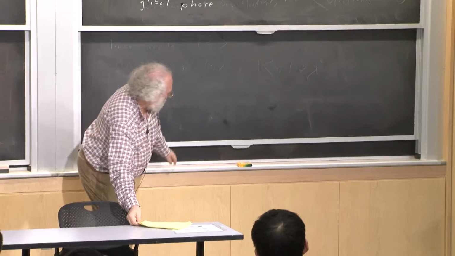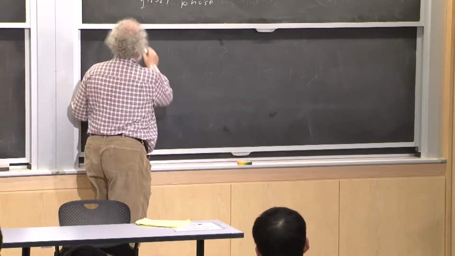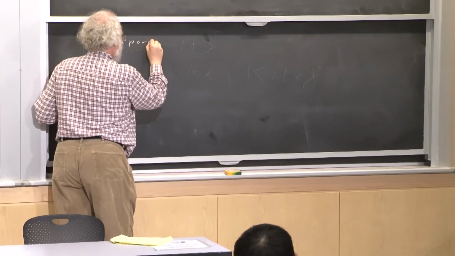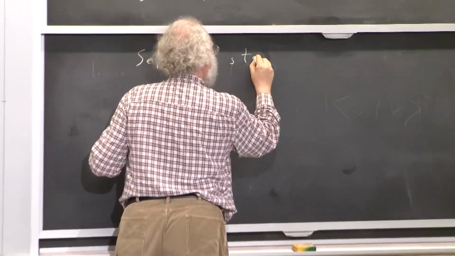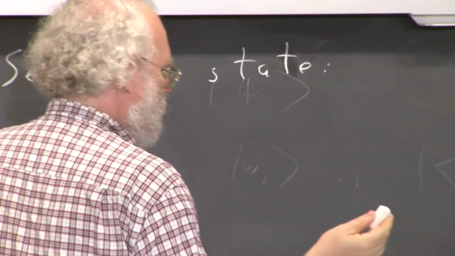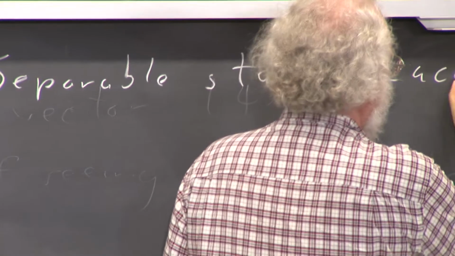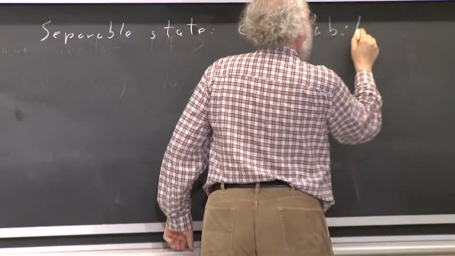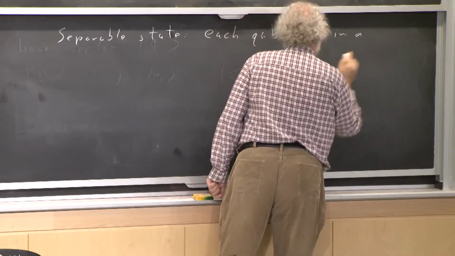So a separable state is one where each qubit is in a definite state.